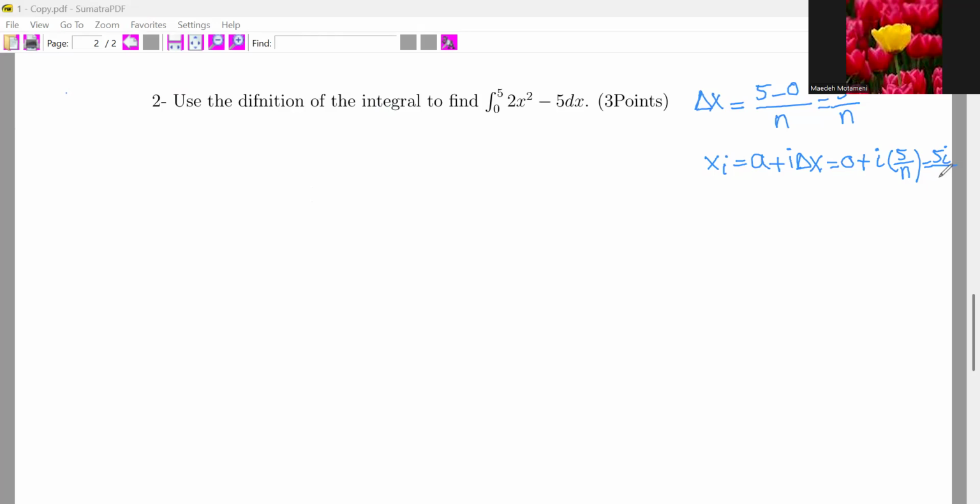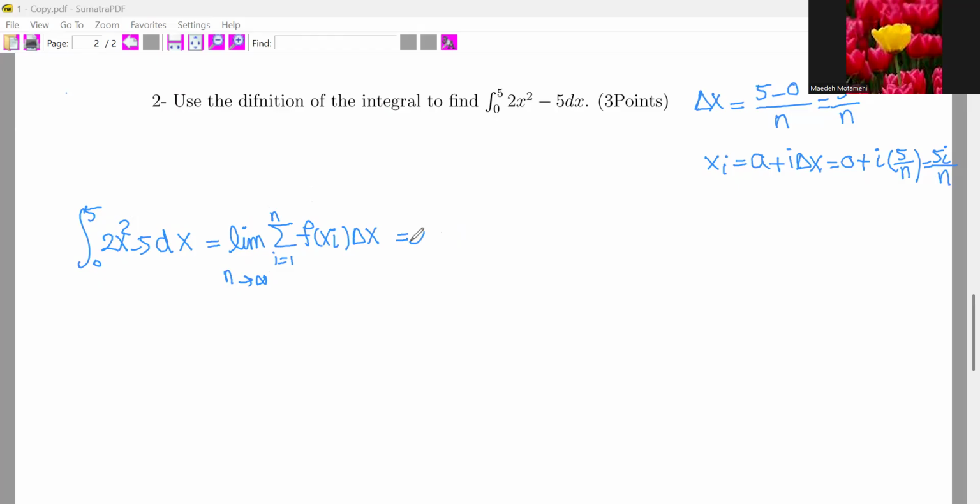times n over n. So according to the definition, the integral from 0 to 5 of 2x squared minus 5 dx will be the limit of sigma of f of x sub i delta x, where i is from 1 to n and n is approaching infinity.